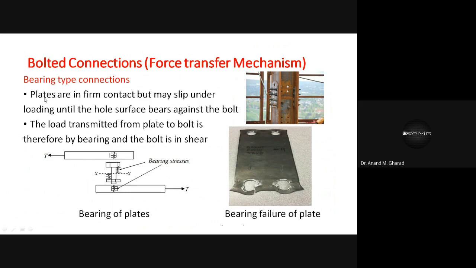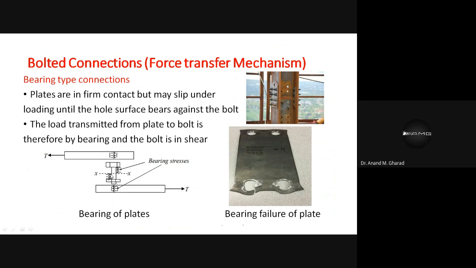bearing connections. Plates are in firm contact but may slip under loading until the whole surface bears against the bolt. The load transmitted from plate to bolt is therefore by bearing and the bolt is in shear.